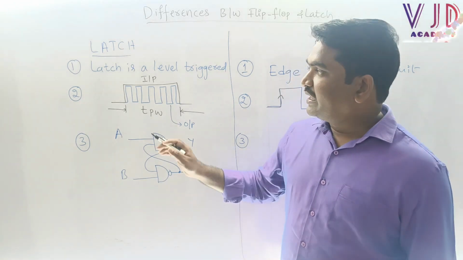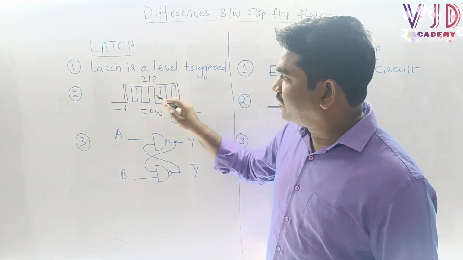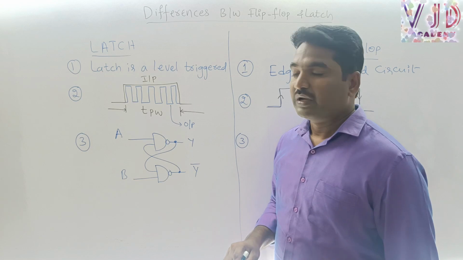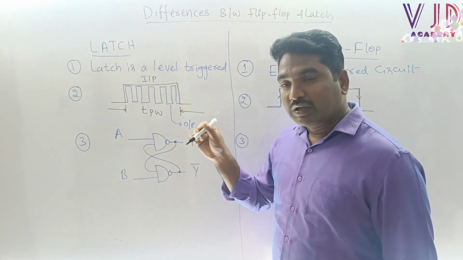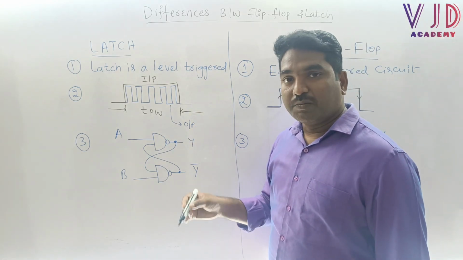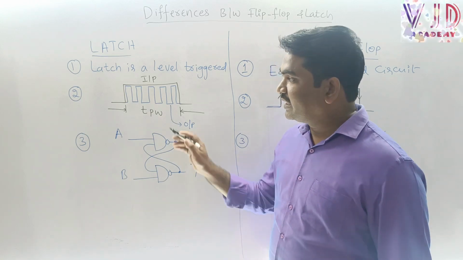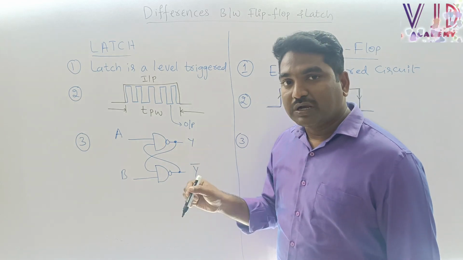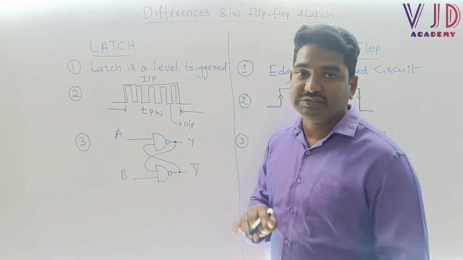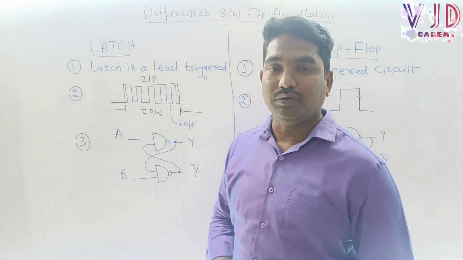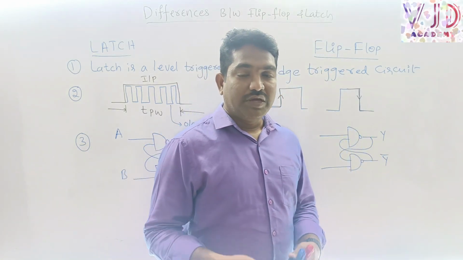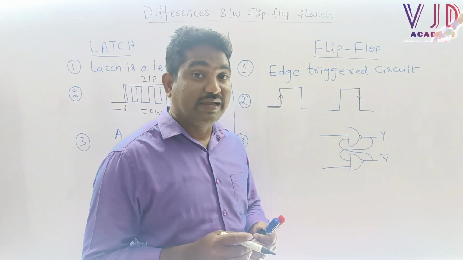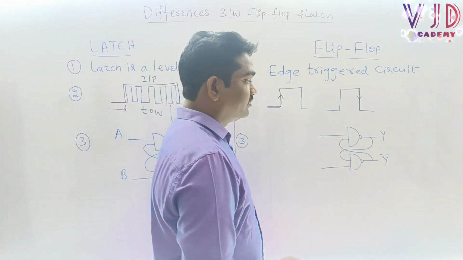For a particular input, the output must change only once, but here the output is changing many times, because there is no command, no control over the circuit. To get that control, we are placing a gated circuit or steering circuit or control circuit before this latch.